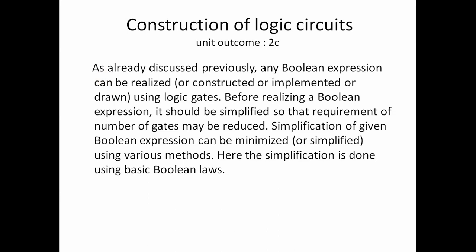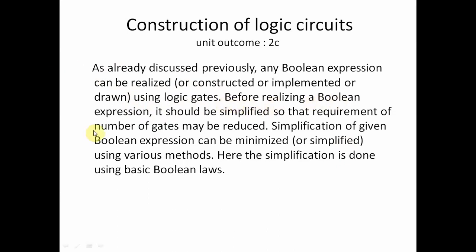As already discussed previously, any Boolean expression can be realized, constructed, implemented, or drawn using logic gates. There are different types of logic gates such as AND gate, OR gate, XOR gate, XNOR gate, NAND gate, and NOR gate. These logic gates were studied in lecture number 2 or 3.